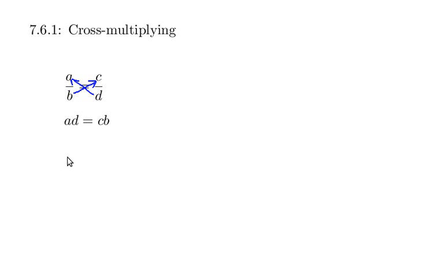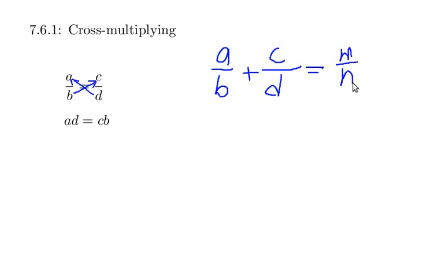This is called cross-multiplying. But something very important to understand is that it only works if you have a fraction equals a fraction. It does not work if you have a fraction plus a fraction equals a fraction. So if you have a over b plus c over d equals m over n, that's an ugly m, isn't it?